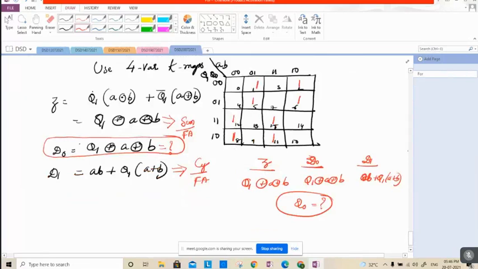Where is Q0? Can you find Q0 anywhere here? In Z or D0 or D1, can you find it, Q0? No, sir. So Q0 is not useful for us.